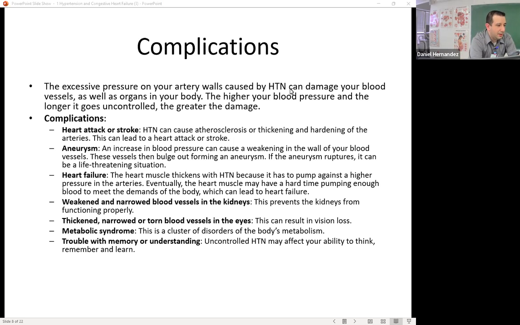And this leads to heart attack and stroke. The damaging of that vessel wall can also lead to development of aneurysm. So an increase in pressure can cause weakening of the wall, which can lead to a bulging formation or aneurysmal formation. So if that aneurysm ruptures, this could potentially be life-threatening.